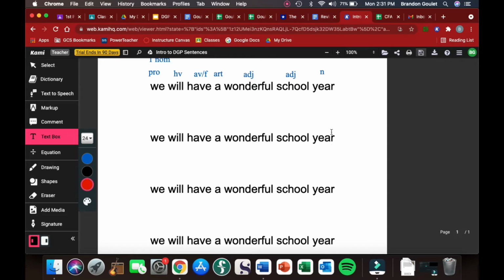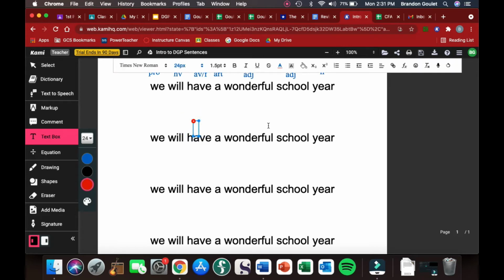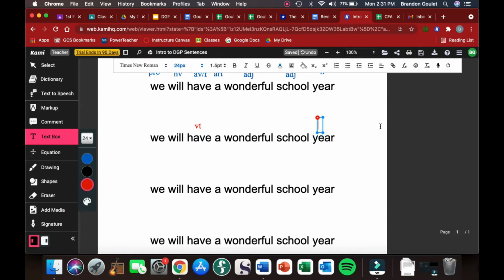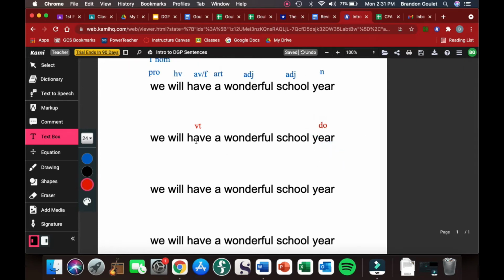So year is a noun or pronoun that follows an action verb and answers the question, have what? So have, since it has a direct object, it's a transitive verb, so we label it VT. And year, since it answers the question, have what? That's our direct object. Now that's our only main verb that we have. Again, we're not going to label helping verbs because they just go along with have, with the main verb. So we can move on to the next step.